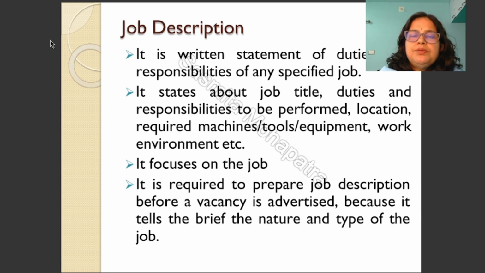It is required to collect all this information when you put the job into an advertisement, describing the job vacancy.